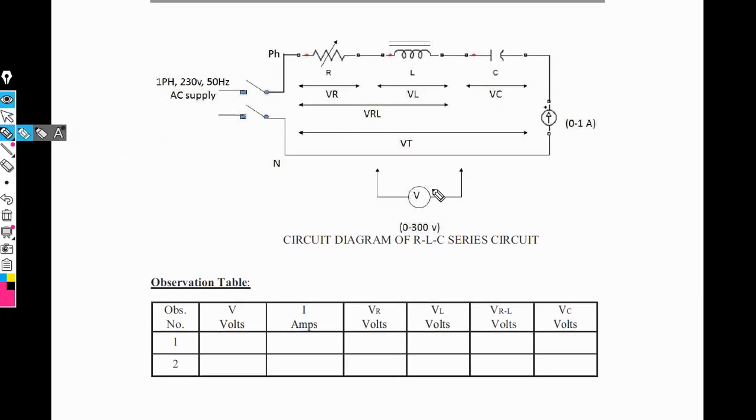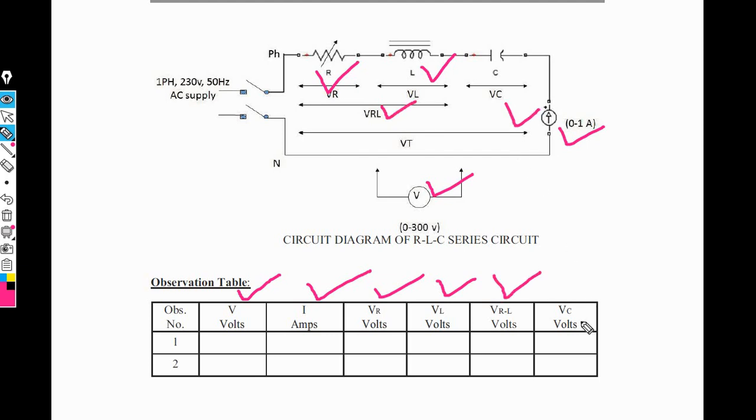First the voltage V is measured, then current, then VR, VL, VRL and VC.